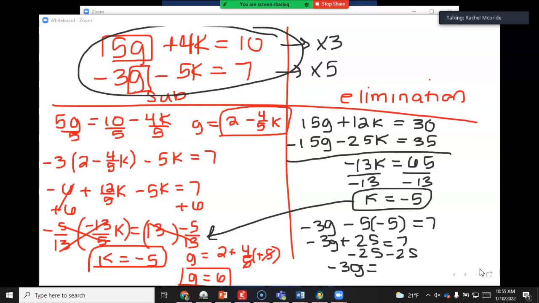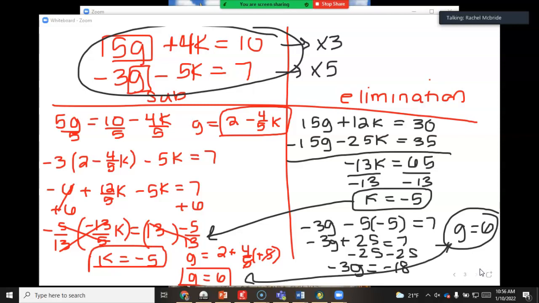So I get -3g equals 7 minus 25, which is -18. Divide both sides by -3, and I get g is equal to 6. So again, same answers, two methods, elimination and substitution.